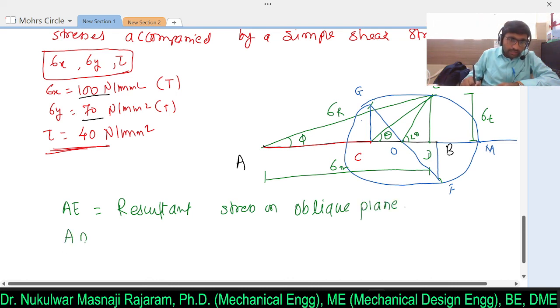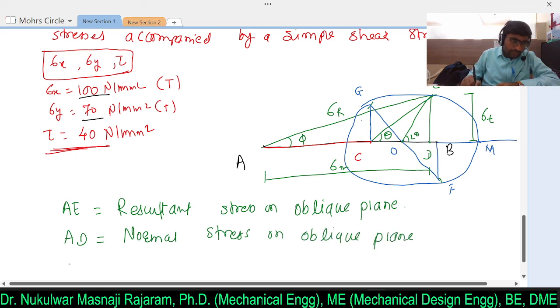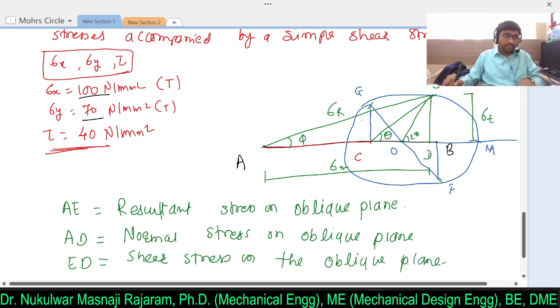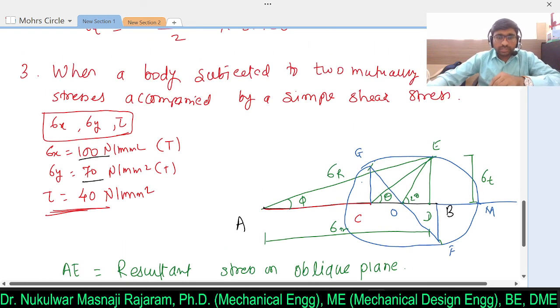Next A to D is normal stress on oblique plane, and ED is equal to shear or tangential stress on the oblique plane. Clear? So these were the different conditions.